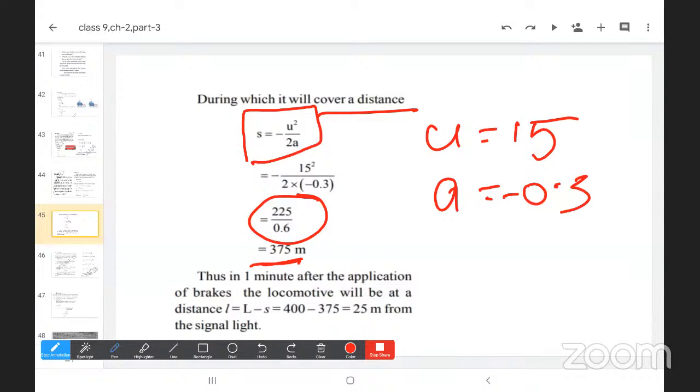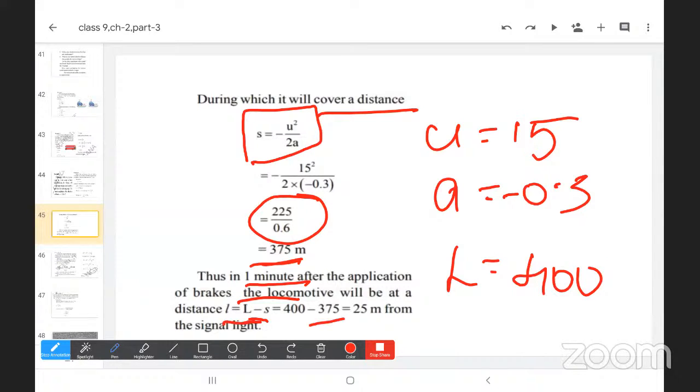Okay, so thus in 1 minute after the application of brakes, the locomotive will be at a distance L minus S. Here in the question given capital L equals 400 meters, right? So here we got S equals 375.